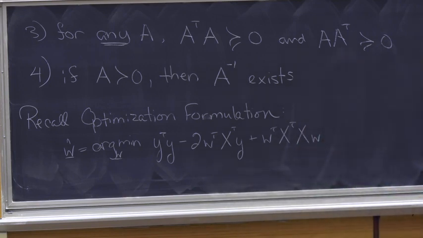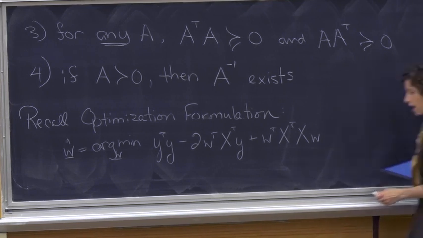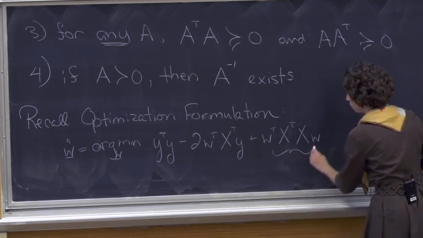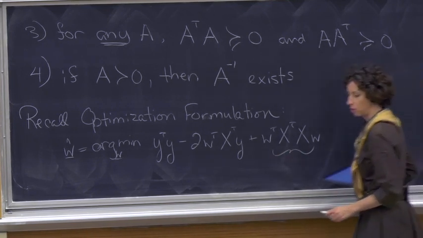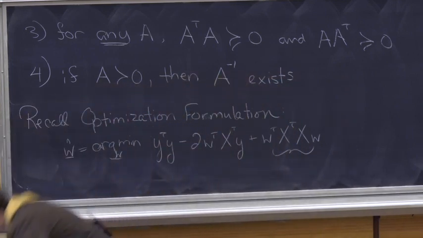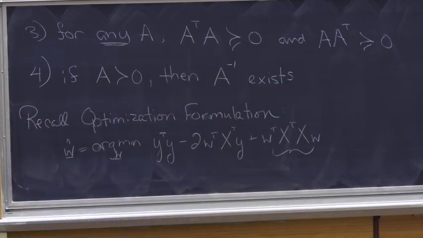Okay, so now what we want to do is we want to think about trying to solve this optimization problem. And right off the bat, what can we say about this X transpose X that's showing up in our optimization problem? So property 3 of positive definite matrices.